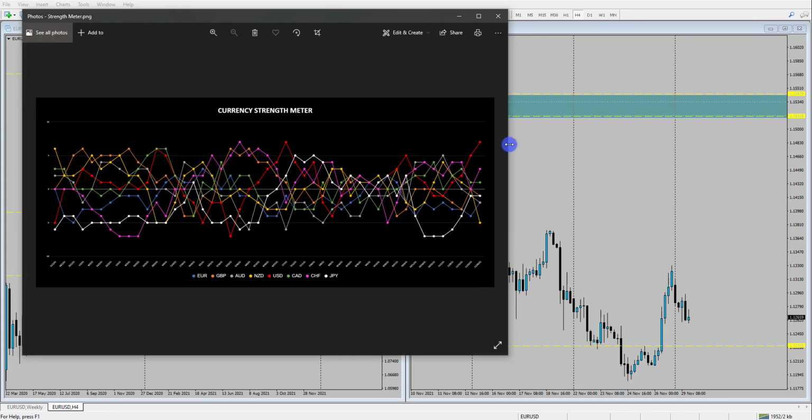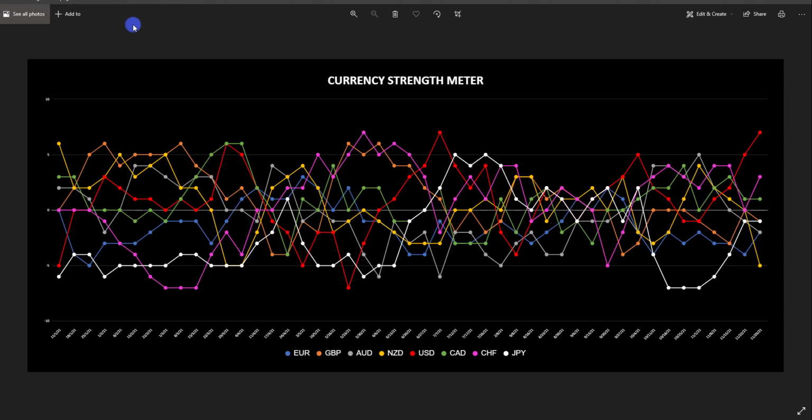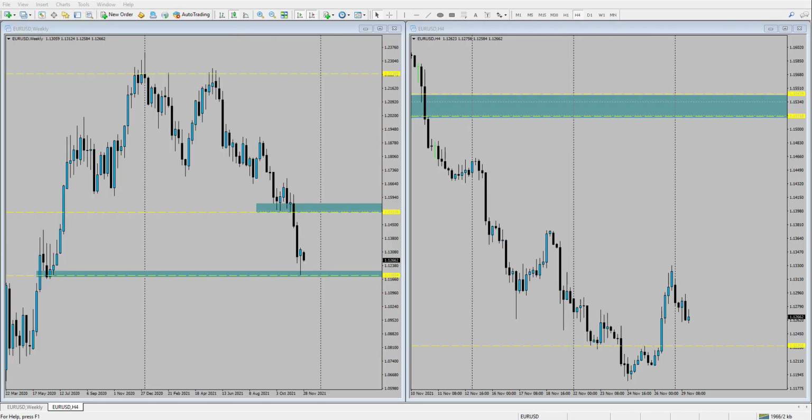If we look at the strength meter that we highlighted in the week ahead analysis video, you can see that the US dollar is the strongest currency at that +7 area where we typically see the market reverse. So a couple of different signals here to suggest that the US dollar may be coming into some short-term weakness.